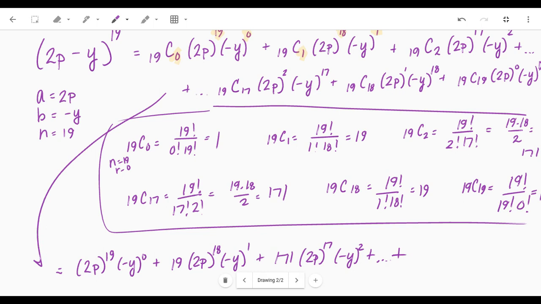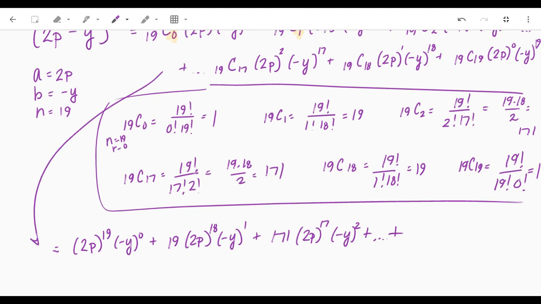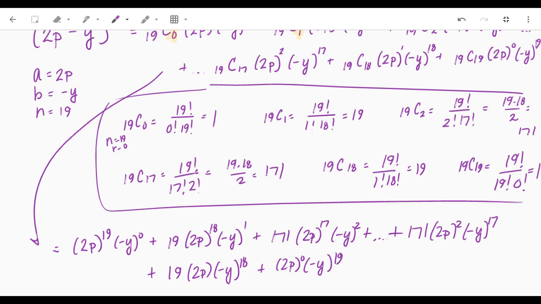And then when we pick it up, we would have 171 (2p)^2 (negative y)^17, plus 19 (2p) (negative y)^18, plus 1 (2p)^0 (negative y)^19.